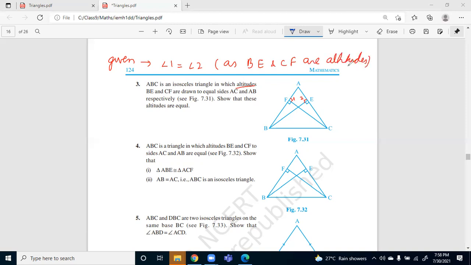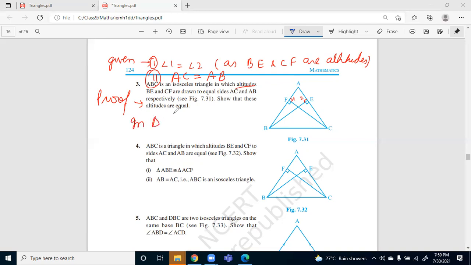Altitudes meaning they are making 90 degrees. So now we will write the proof. And one more thing is given here, AC and AB are equal. This is an isosceles triangle. Now we will be writing the proof.